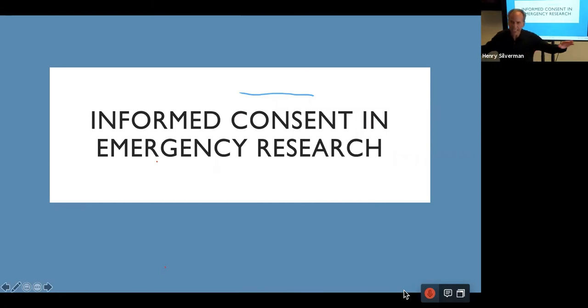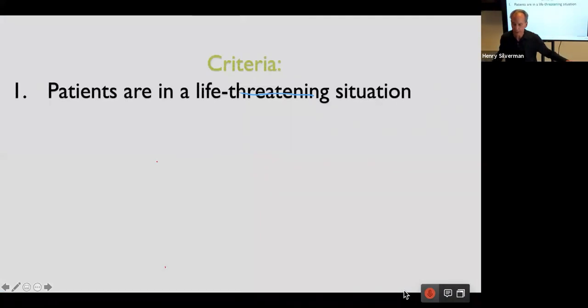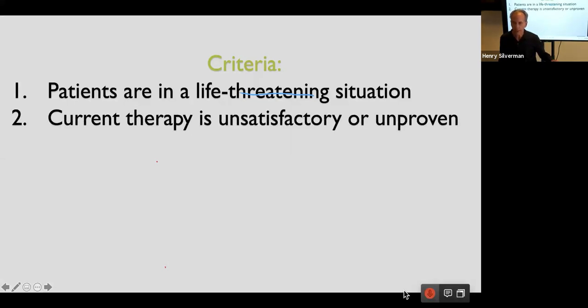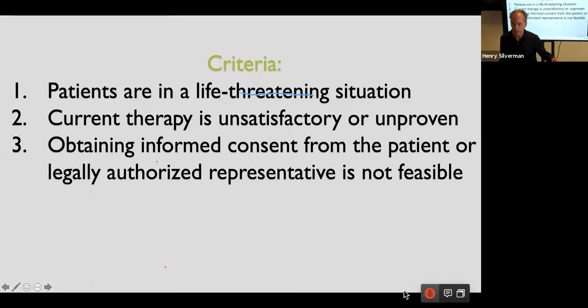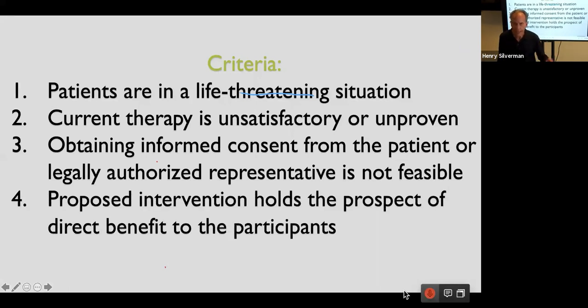Now, let me say a few words about the emergency research. It's not just any research in the emergency setting, okay? The criteria has to be patients are in a life-threatening situation, and the current therapy is considered unsatisfactory or unproven, and obtaining consent is not feasible because the patient is lacking capacity and family members are not around. And this is probably the most important thing.